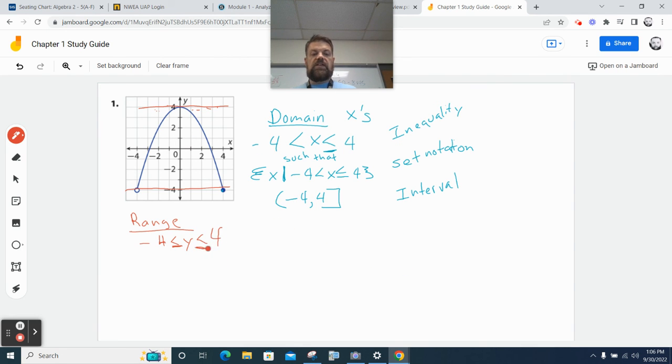So I'm including that. Then the set notation would be a brace y such that y lives between -4 and +4. And then the interval notation, because they're both inclusive, would be -4, comma 4 with brackets.